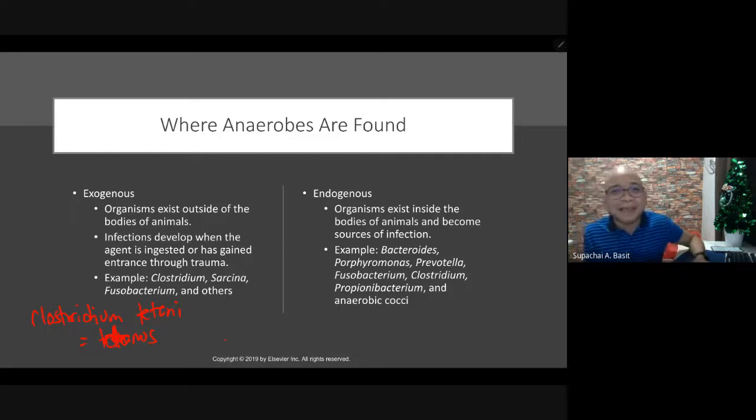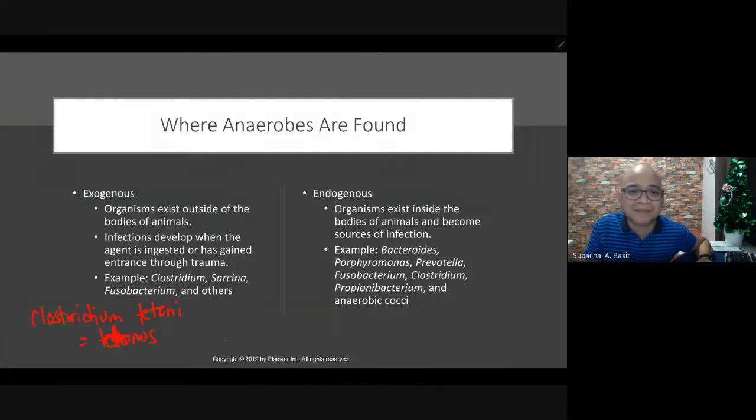But when we say endogenous source, it means that organisms exist inside the bodies of animals, and since they are naturally found inside the body of the animal, they become the source of infection. Examples are Bacteroides, Porphyromonas, Prevotella, Fusobacterium, and even some species of Clostridium, Propionibacterium, and some anaerobic cocci.